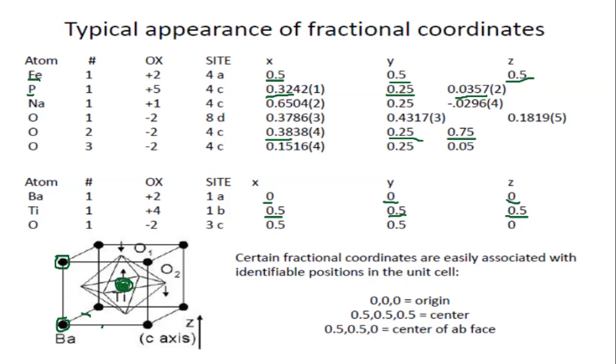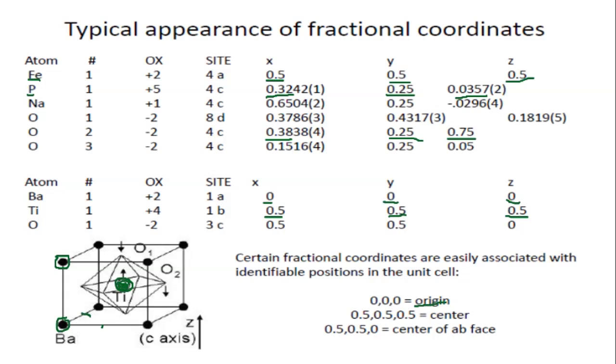We say that's body-centered because it's in the center of the unit cell. And again, the barium is at the origin because the origin is 0, 0, 0 for a primitive unit cell.